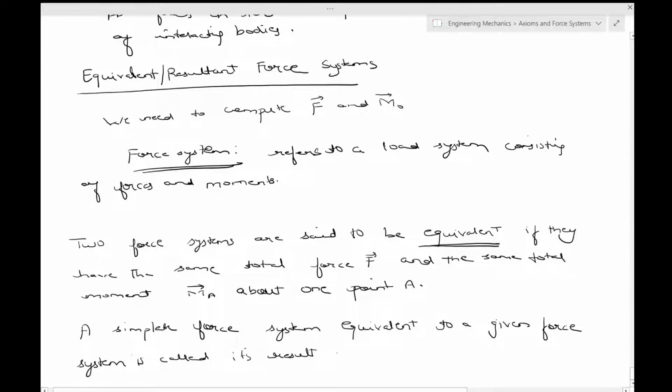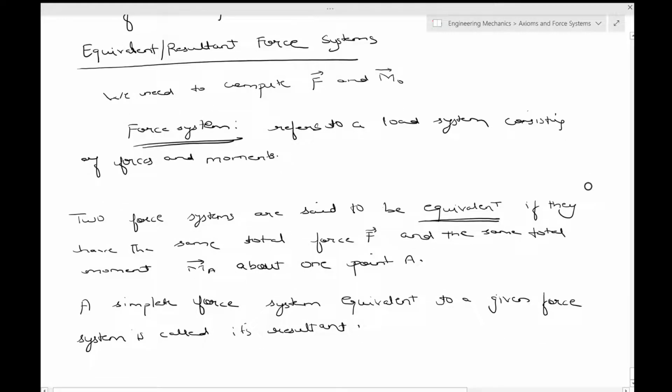So if you have lots of forces and moments acting and we somehow are able to replace them by, say, a single force and a single moment, that would be called a resultant force system.